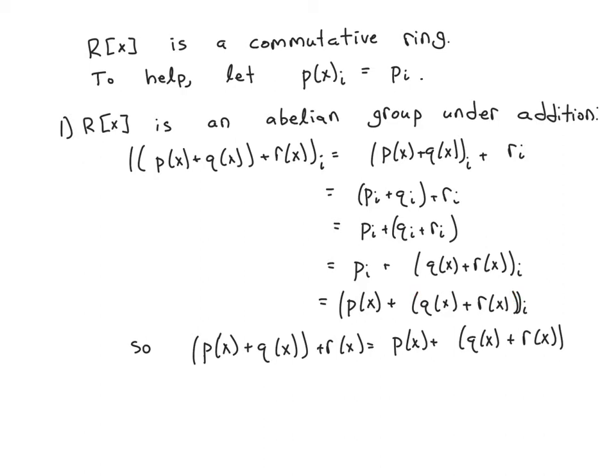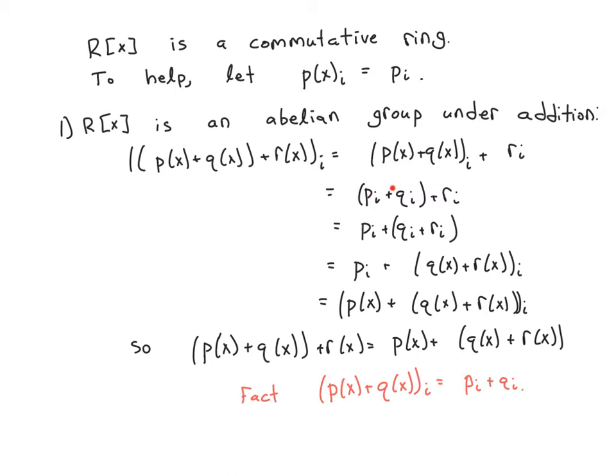So let's do that. What is the ith coefficient of this polynomial? Well, by definition of the sum, if you go back and look at how we defined the sum of the two polynomials, the ith coefficient was just the sum of the ith coefficients. So you get r sub i plus the ith coefficient of these two polynomials. But what's that? It's the sum of the ith coefficients.